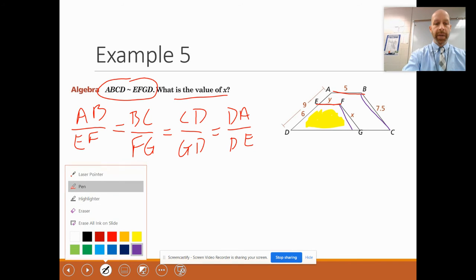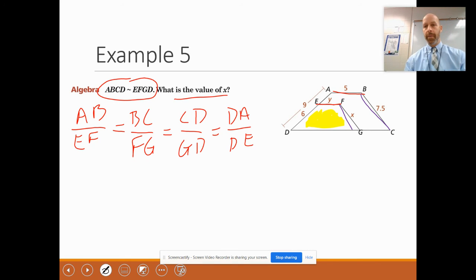So now what I can do is I can simply write in all the things that I know. So that I know that AB is 5. I know that EF is Y. I know that BC is 7.5, and I know that GF is X. I know that CD, that's this guy, where's CD at?